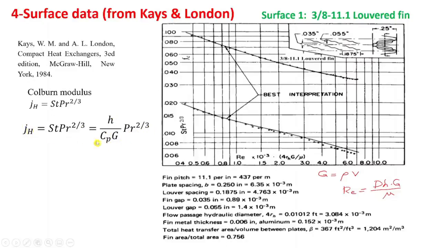So if you know from this figure how much is jH, the Colburn modulus, then you multiply it by Cp, multiply by G, and divide by Prandtl number to the 2/3, and you get the heat transfer coefficient.